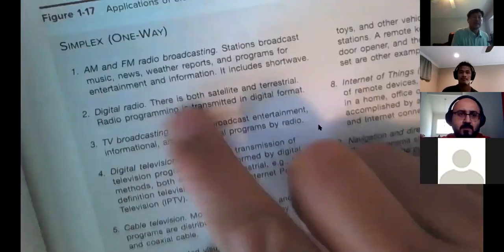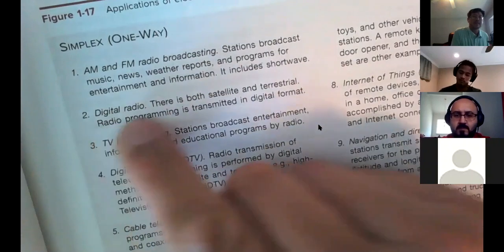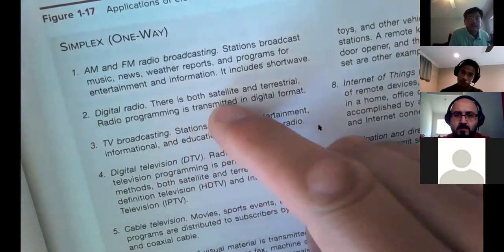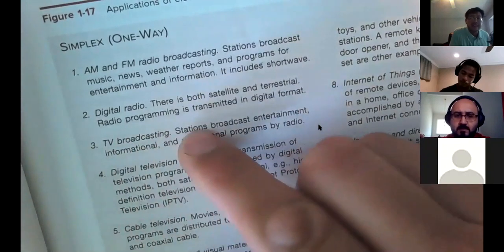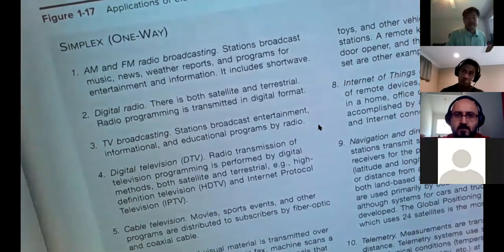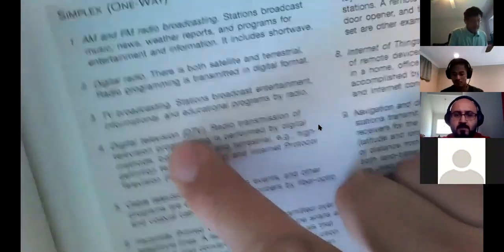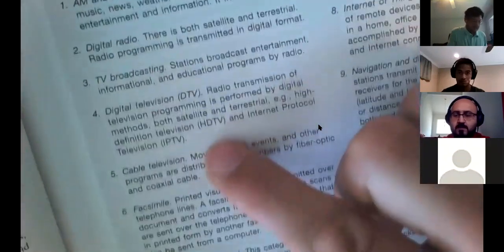Example number 1, AM/FM radio. Example number 2, digital radio, like satellite. TV broadcast. Yeah, we watch TV using an antenna. Digital TV broadcast. Cable television.